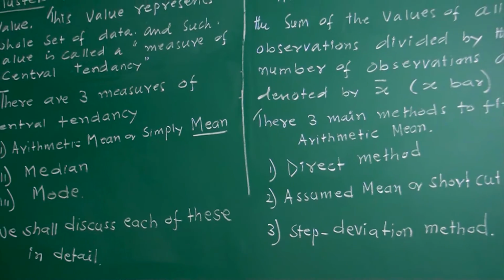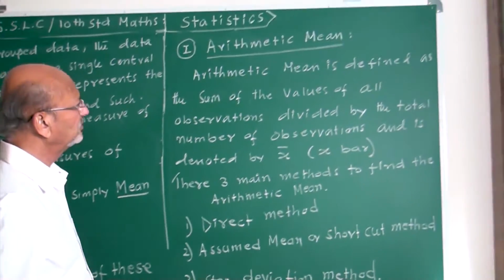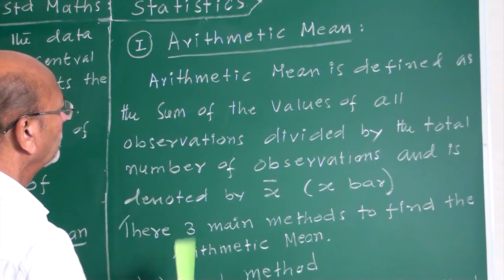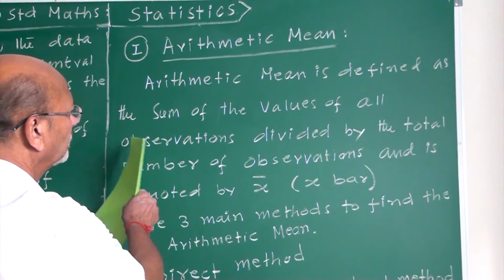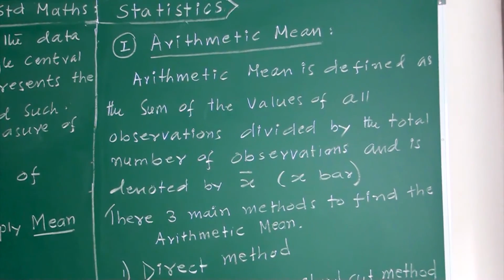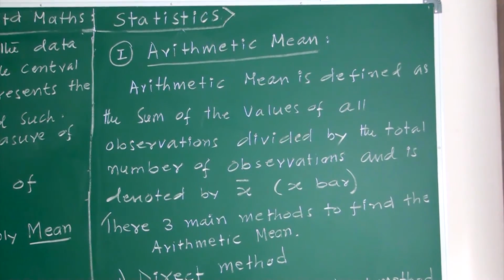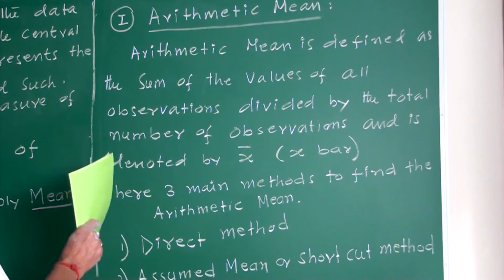The first is arithmetic mean. Its definition: arithmetic mean is defined as the sum of values of all observations divided by the total number of observations, and is denoted by x bar.